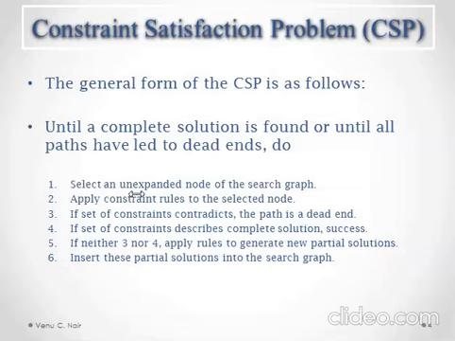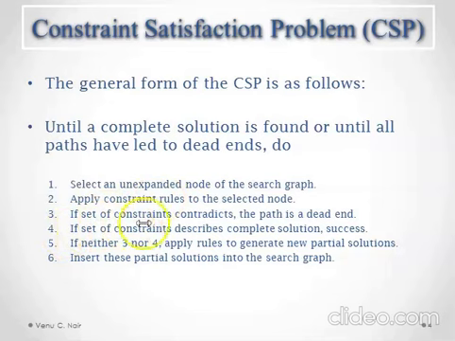So we'll be expanding a node to create new nodes or new states. And on selection of this node, we have to apply the constraints or rules that are associated for applying the operations.